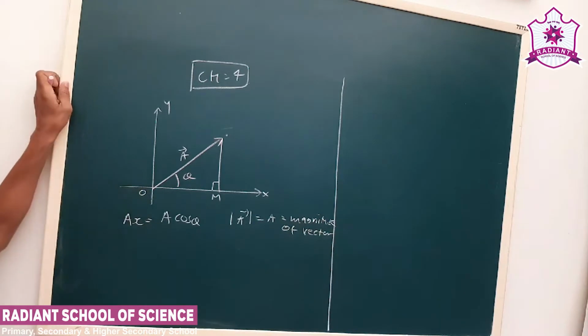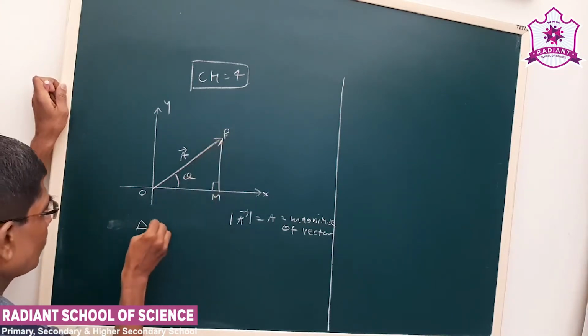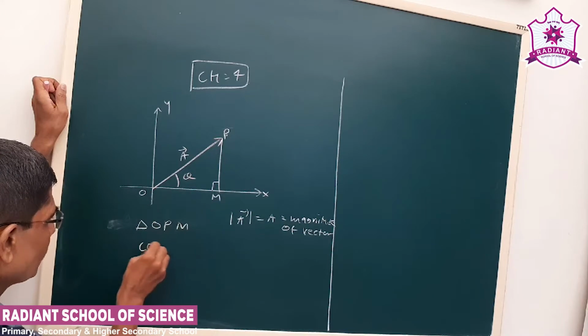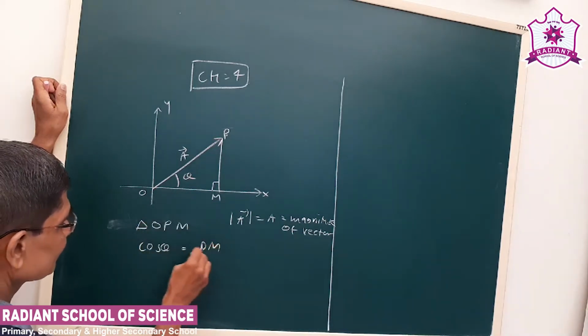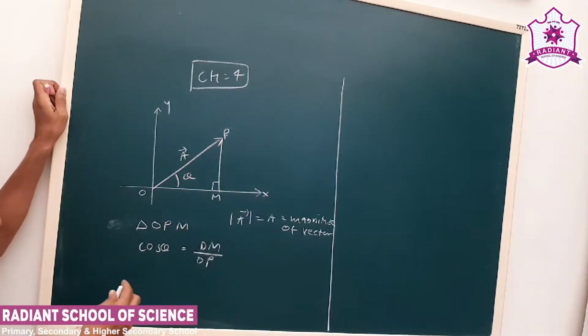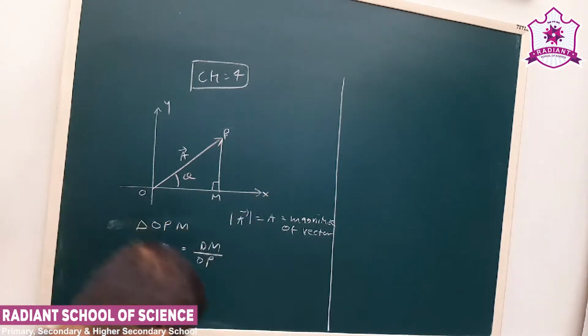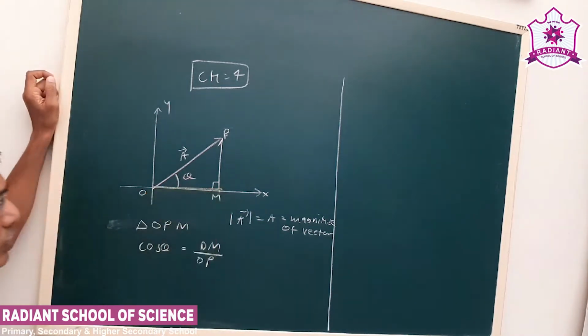So we use the trigonometric property. See, that is triangle OPM. Cos theta is adjacent, that is OM upon OP. Now OM is nothing but the component in x direction, that is the projection of vector A in x direction, that is length OM.